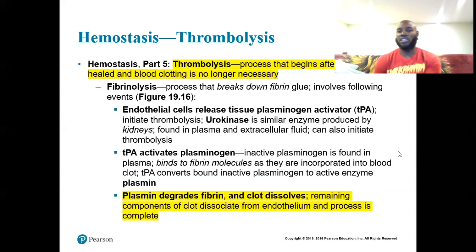Endothelial cells release TPA, which initiates thrombolysis. We break it all down. The point that I have here at the bottom is when I want you to remember that plasmin degrades fibrin and the clot dissolves. Remaining components of the clot disassociate from the endothelium. That's the surface of the blood vessel. They disassociate from the endothelium and the process is complete.